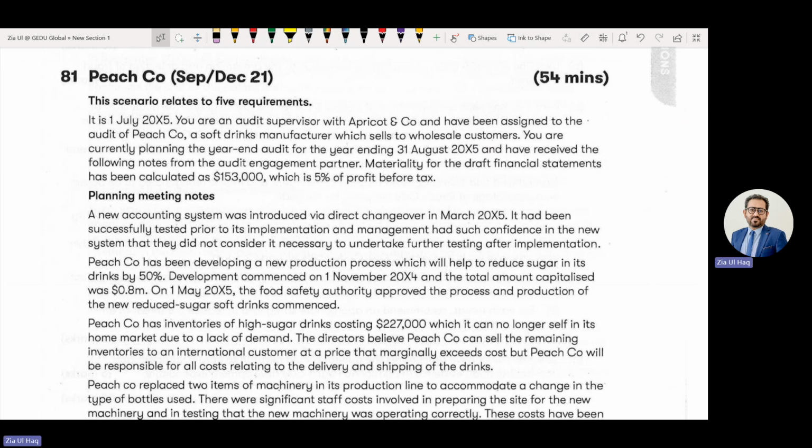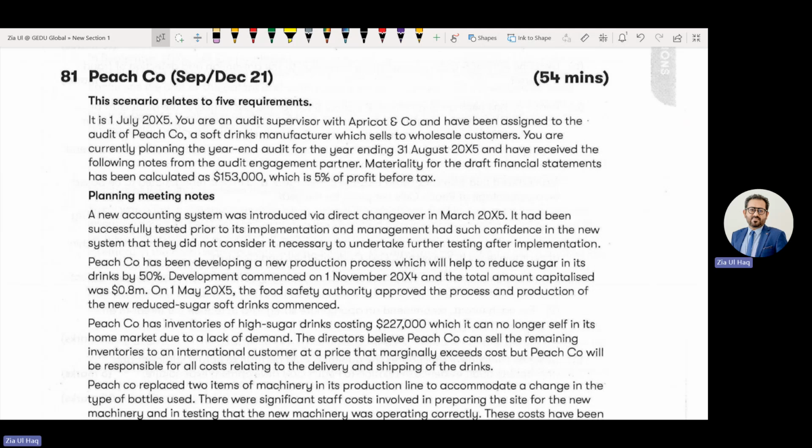And in manufacturing companies, there is always a risk of overstatement of inventory. If inventory is not recorded at lower of cost and NRV, there could be chances inventory is overstated. If we are unable to identify it, we can write down this one. Otherwise, move towards the scenario.